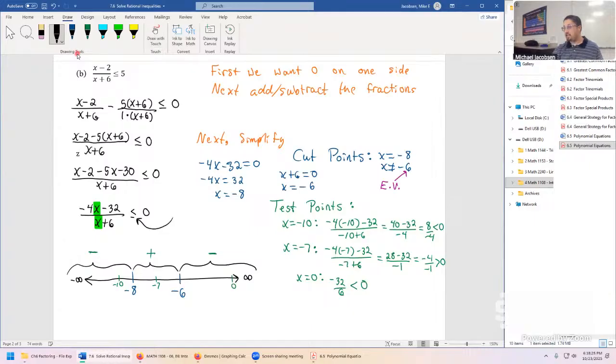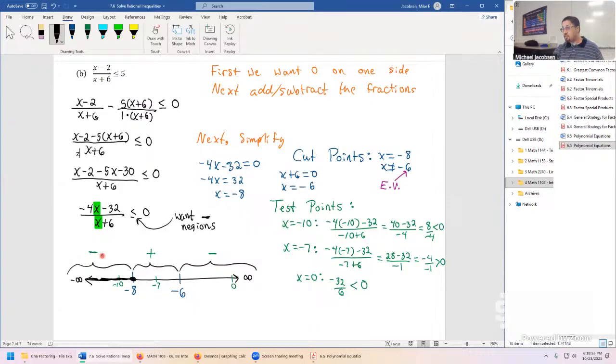Because this is a less than or equal to 0, we want negative regions. If it was a greater than or equal to 0, that would have said a positive number, and we would have picked this region. But less than 0 means negative, so we go to the negative regions we see here. Our solution set is going to go to the left.